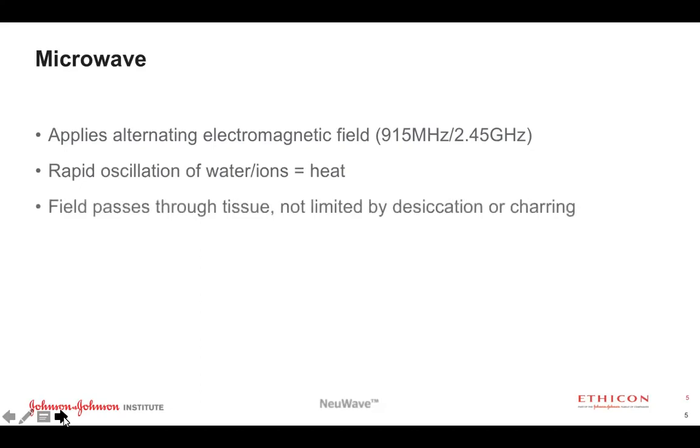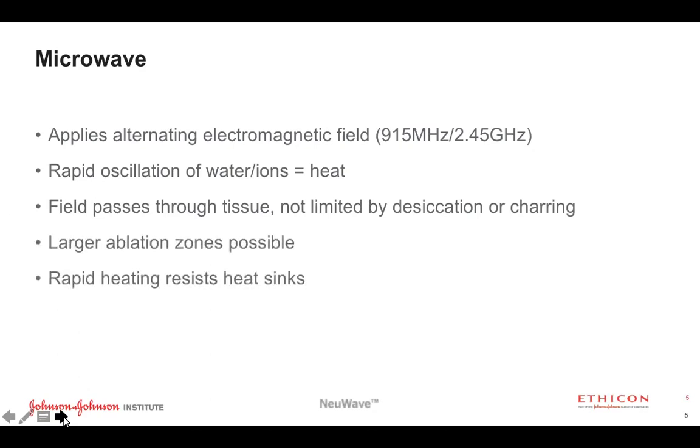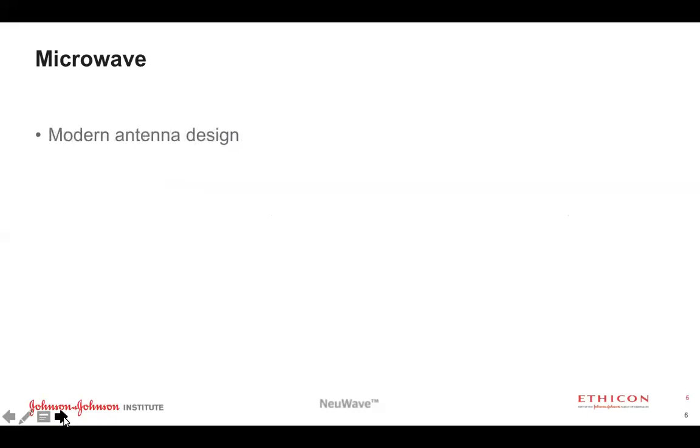So the field is broadcast through the antenna, which is the needle, and it's not limited by tissue desiccation or charring, which can be some of the limitations of radiofrequency. And so therefore, we can achieve larger ablation zones, and this rapid heating is relatively more resistant to heat sink effects.